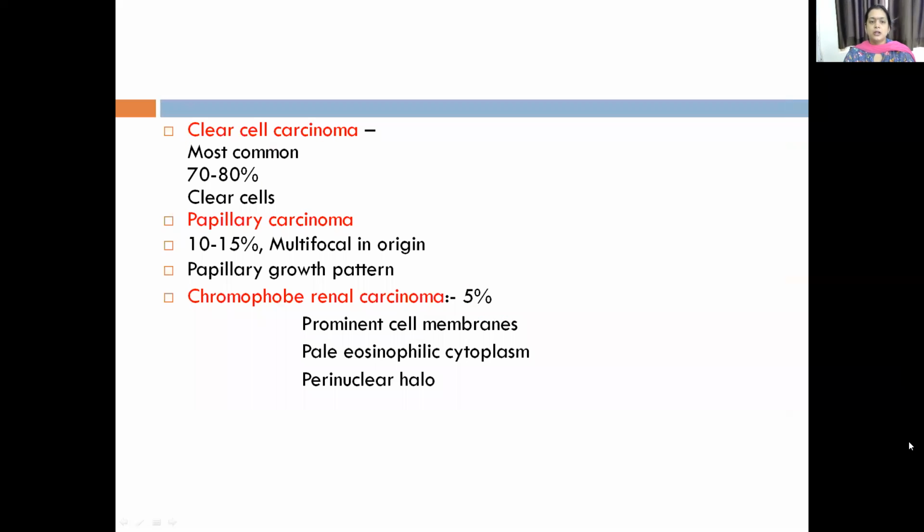Okay. So clear cell carcinoma is the most common histological type of renal cell carcinoma, with 70 to 80% clear cells. Papillary carcinoma is multifocal in origin. Clear cell means there is clear cytoplasm, right? In papillary carcinoma, you find finger-like projections lined by the cells.